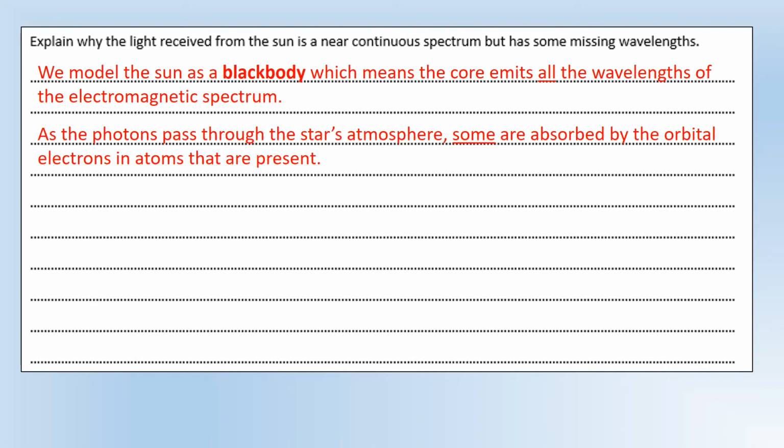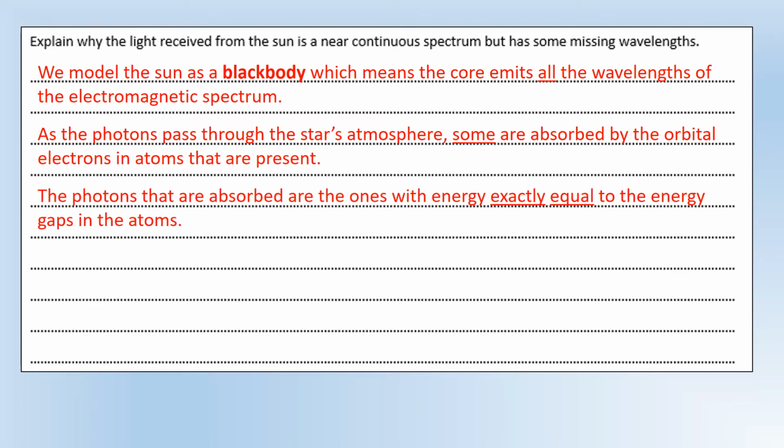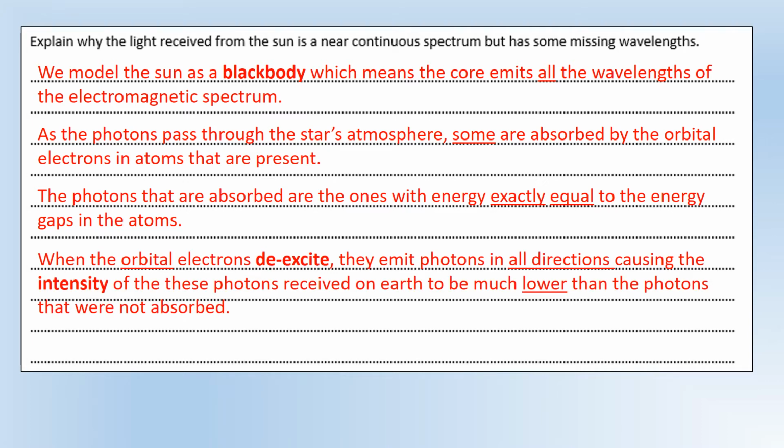As those photons pass through the star's outer atmosphere, some of them are absorbed by the orbital electrons in atoms that are present. And the photons that are absorbed are the ones with energy exactly equal to the energy gaps inside the atoms. So when those electrons de-excite, the photons are emitted in all directions.